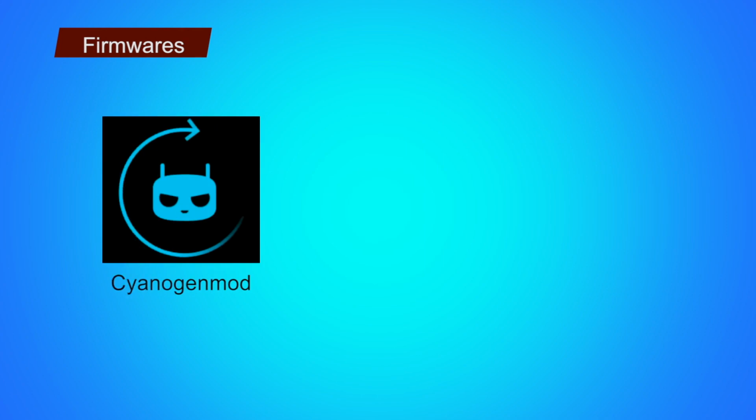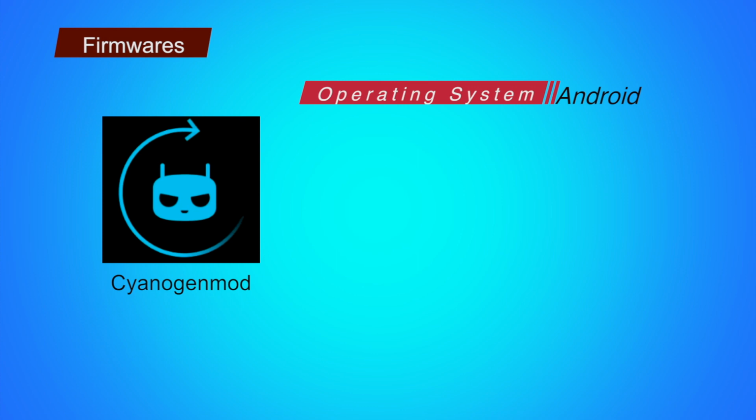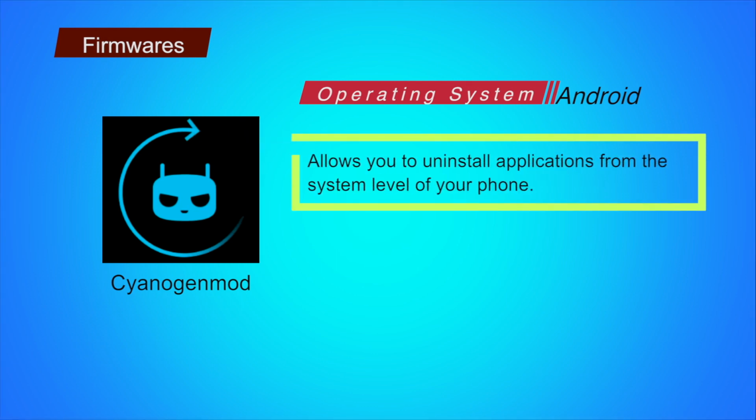An example of an alternative firmware for an Android phone is CyanogenMod, which for example allows you to uninstall applications from the system level of your phone, that is, those installed by the phone's manufacturer or your mobile network operator. By doing so, you can reduce the number of ways in which your device can be monitored, such as data that is sent to your service provider without your knowledge.